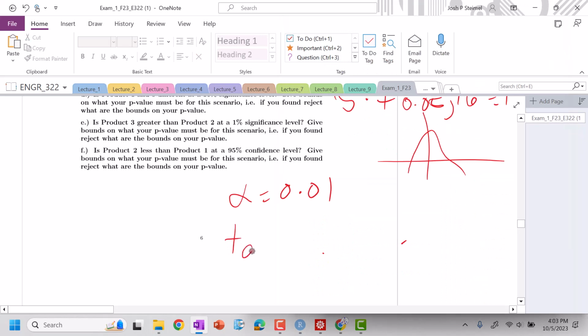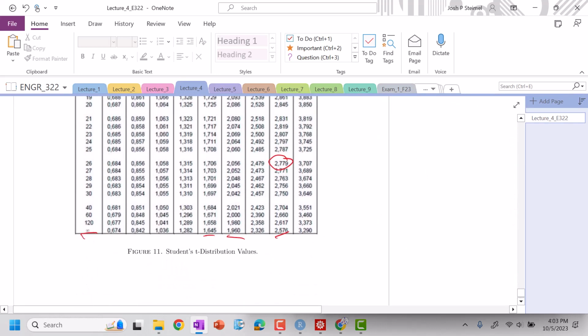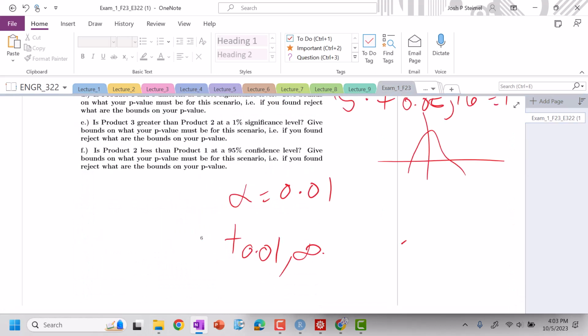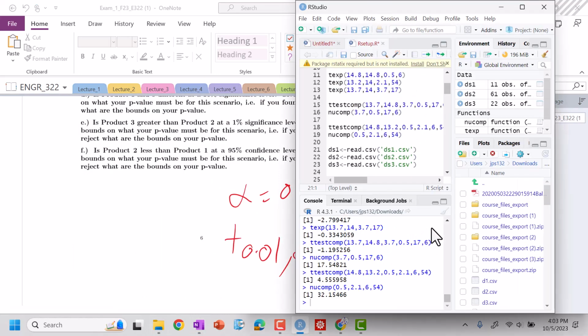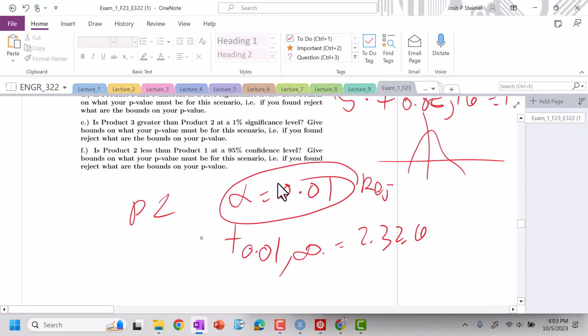So we're looking at a t of 0.01 infinity. So let's pull that up. T of 0.01 infinity is 2.326. So if I look at this, we are definitely in the reject. So we know our p-value is going to be less than this alpha right here.